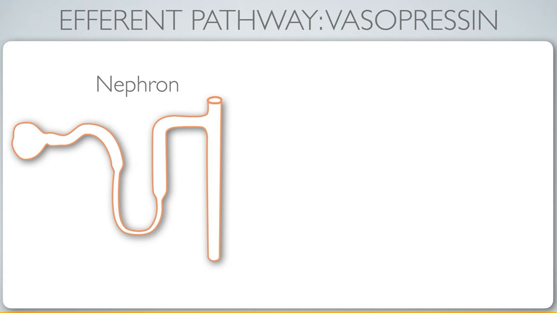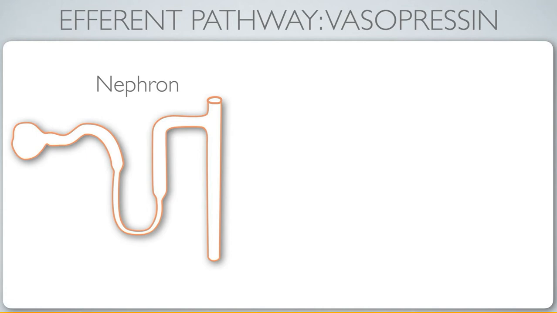So in the collecting duct, the goal here is to produce a concentrated urine so that the blood retains water. And we've already talked about how that's achieved with aquaporins, or water pores, along the collecting duct.